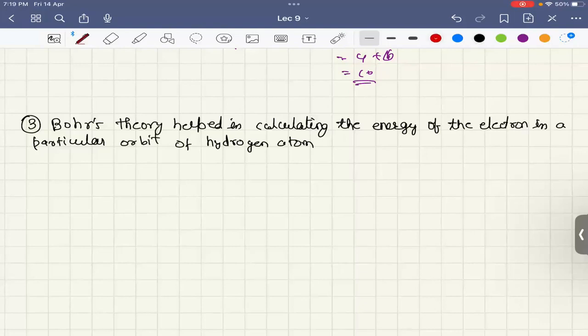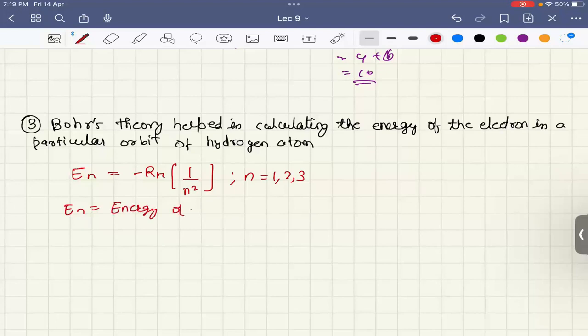So the expression corresponds to En equals minus RH times 1 by n square, where n equals 1, 2, 3, and so on, right? Where En is the energy of the electron in the nth orbit.